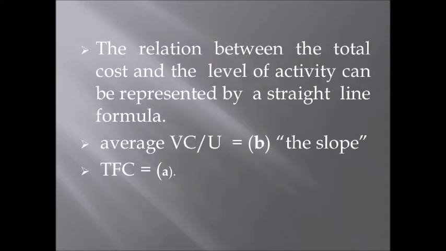The relation between the total cost and the level of activity can be represented by a straight line formula. The average variable cost per unit is considered the slope, which is the value of b. Total fixed cost is the a value.